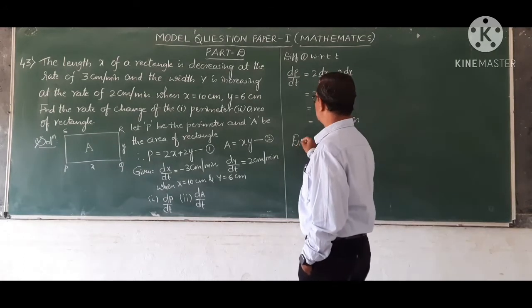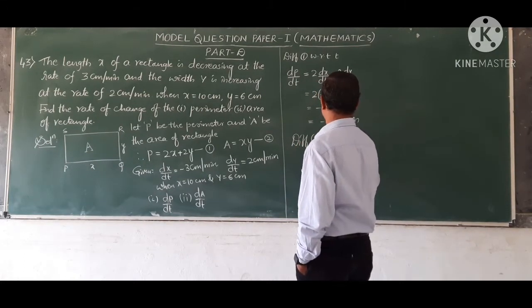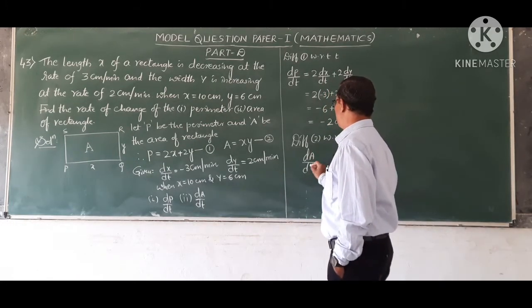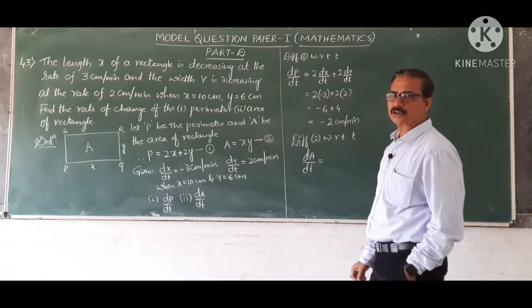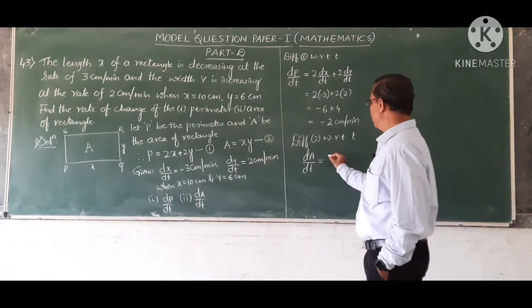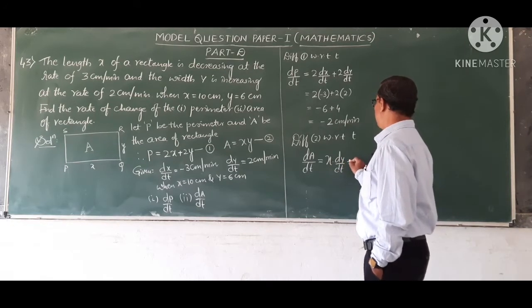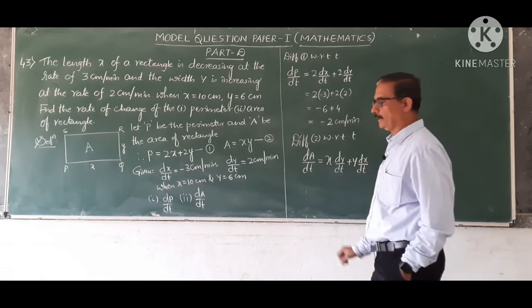Then to find dA by dt, differentiate equation 2 with respect to t. dA by dt is the derivative of x into y. Here is a product of two functions, so apply the product rule: first function as it is, x into dy by dt, plus second function y into dx by dt.